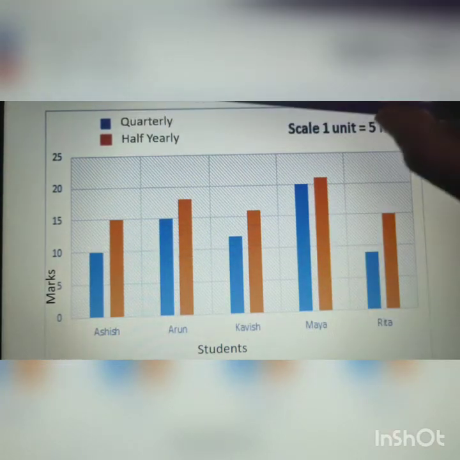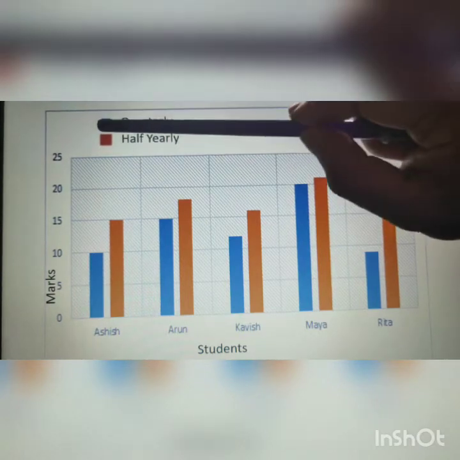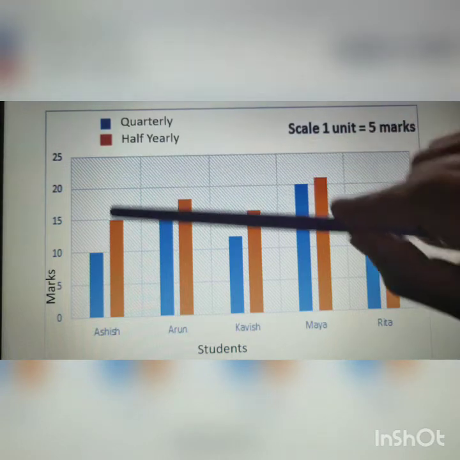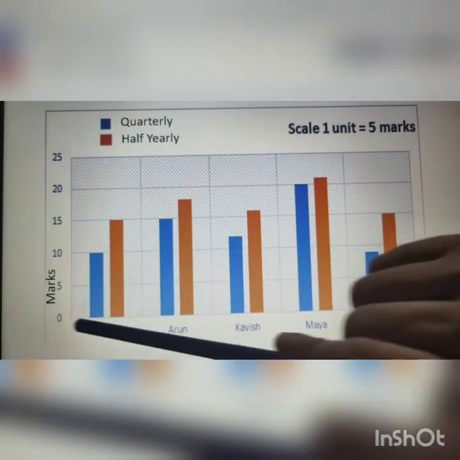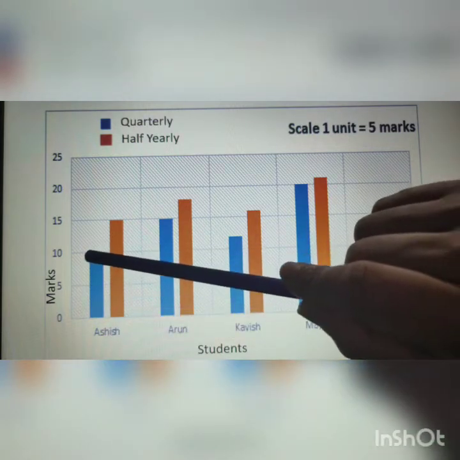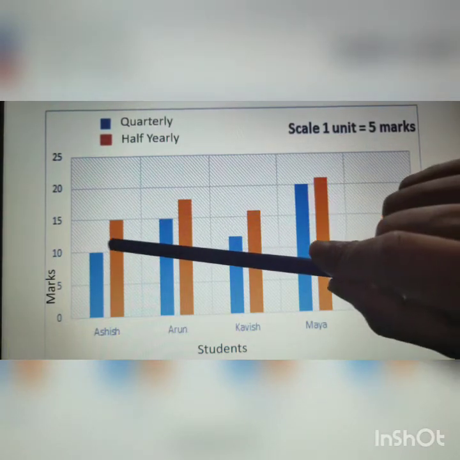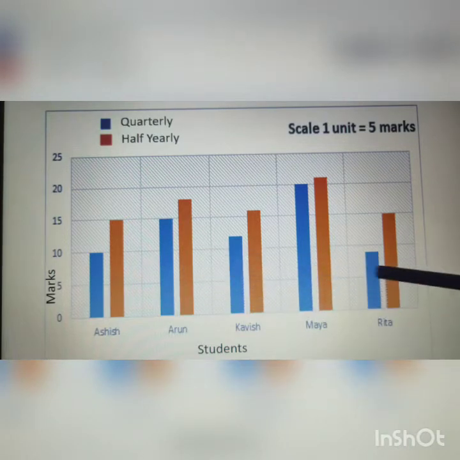Here the blue bar represents quarterly marks, and the yellow bar represents half-yearly marks. Always indicate the bar you are choosing with the data to avoid confusion. From this double bar graph, it is clear how each student performed. The yellow bar is taller than the blue bar in each case.